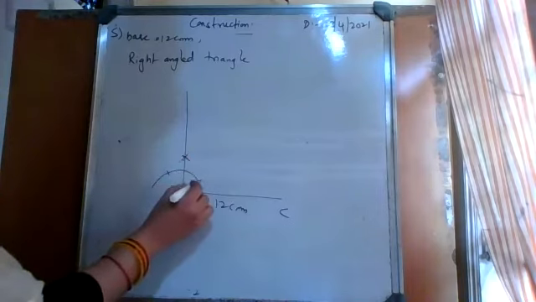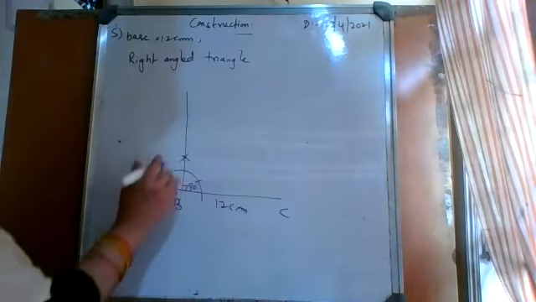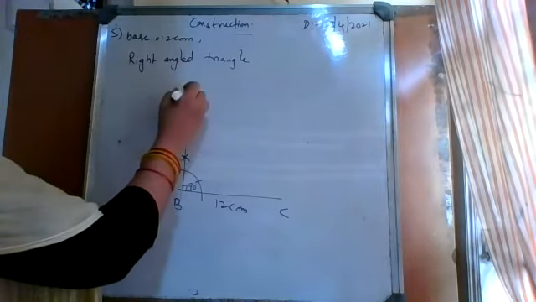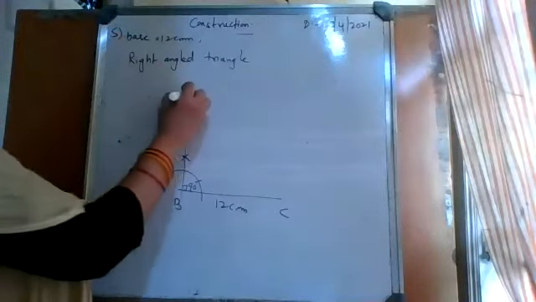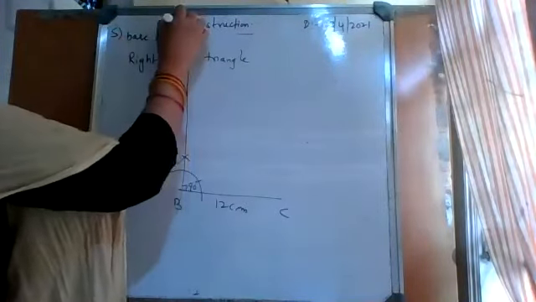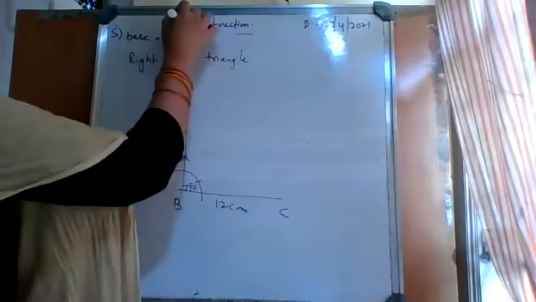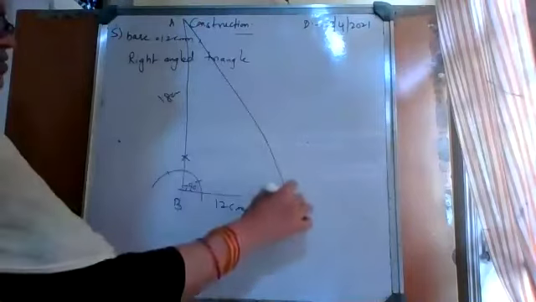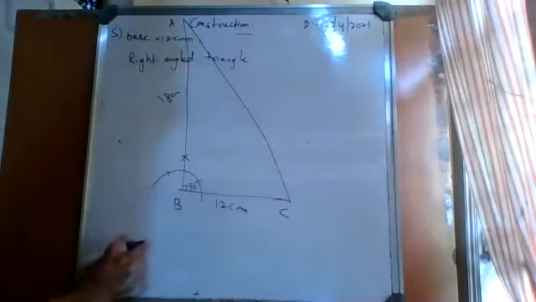How much? 90 degrees. Always you have to use a compass. After drawing 90 degrees, what is the next side given? Now you have to extend this to 18 centimeters. Suppose this is A. Then directly join.